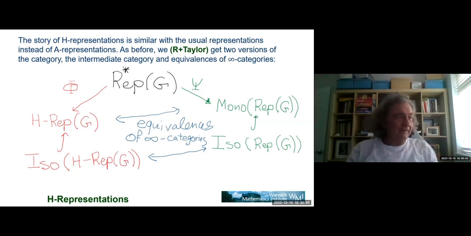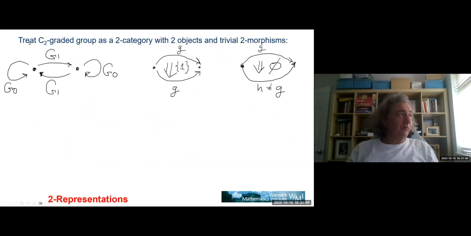I'm somewhere in the middle and have to go to two representations now. Good. So it's interesting for me, because we understood two representations before, but only for one particular automorphism, involution. So let's look at this. Let's treat a C2 graded group as a two category with two objects and trivial two morphisms, as before, the same picture.